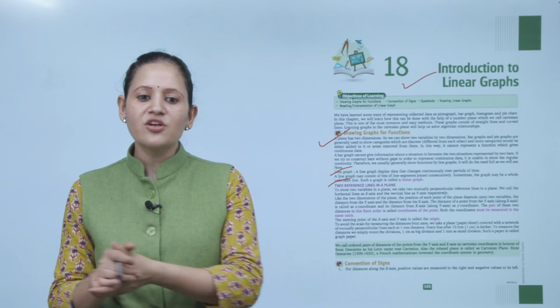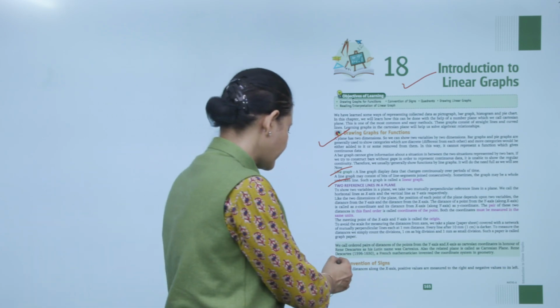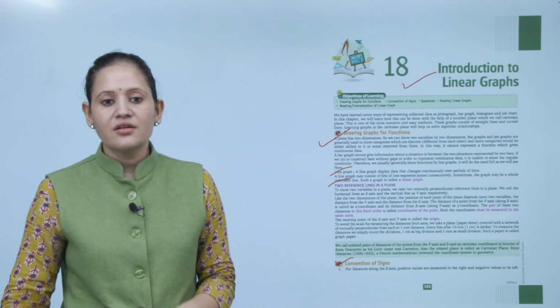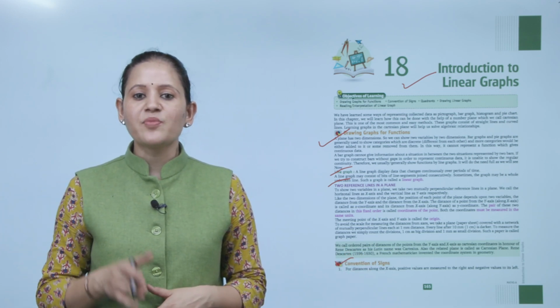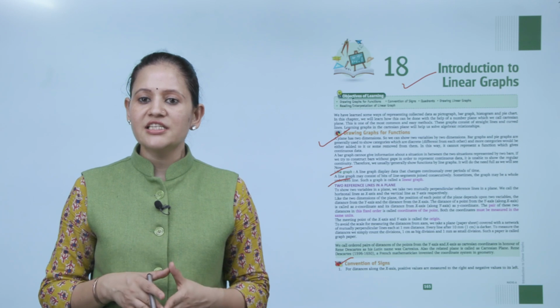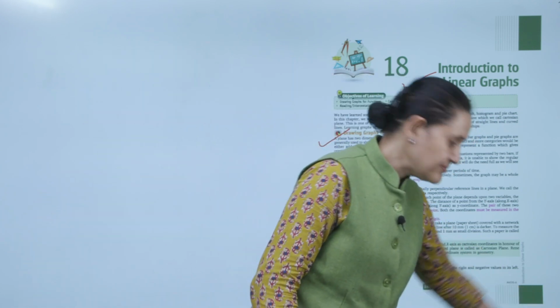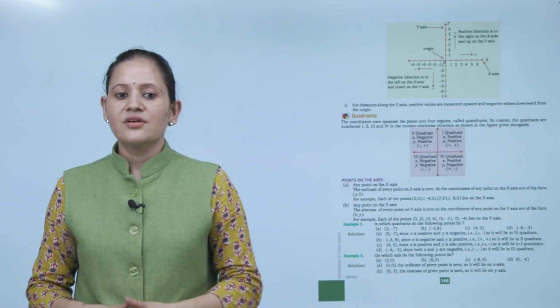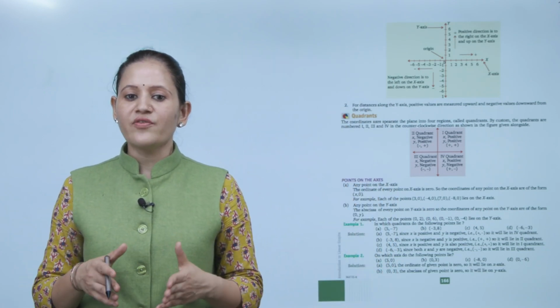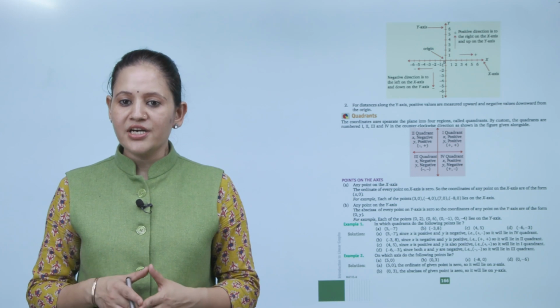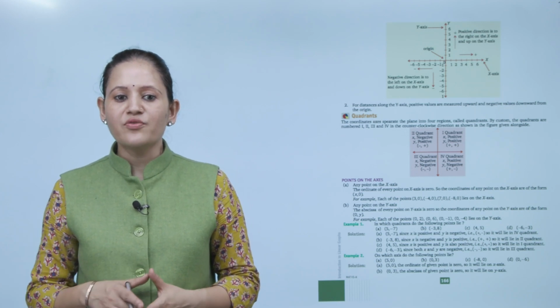Next is convention of signs. For distances along the x-axis, positive values are measured to the right and negative values to the left. For distances along the y-axis, positive values are measured upward and negative values downward from the origin.